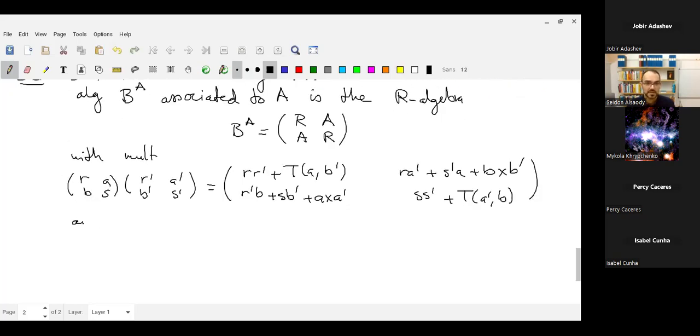And it's not just an algebra, it has an involution star given by permuting the scalars.